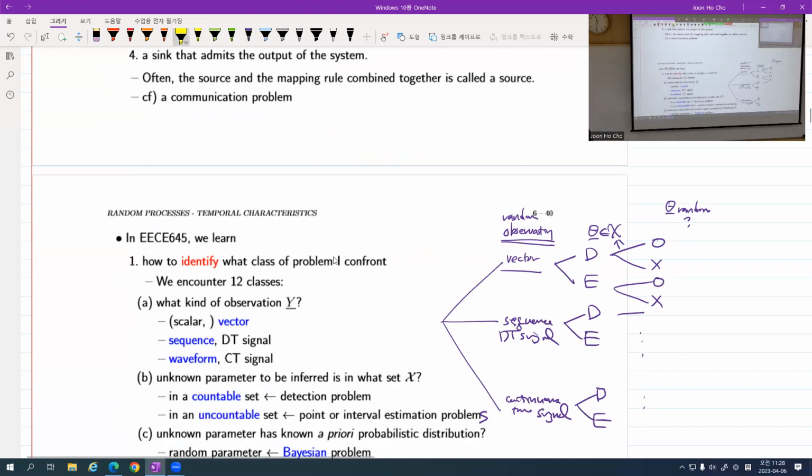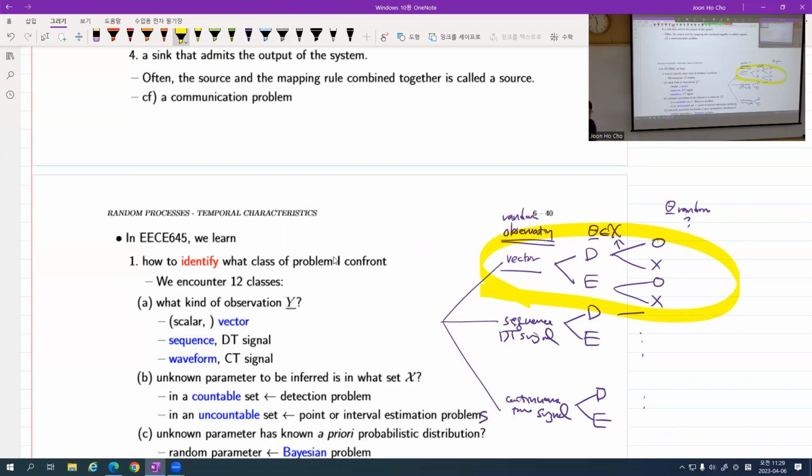But as long as you understand the first 8 parts, the rest of it is very straightforward. So that part is very, very important.